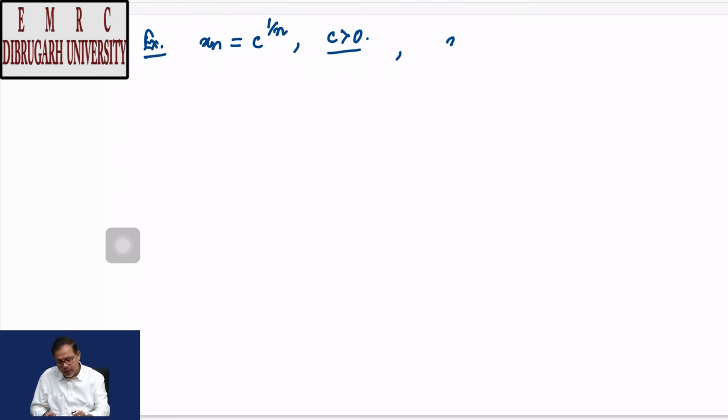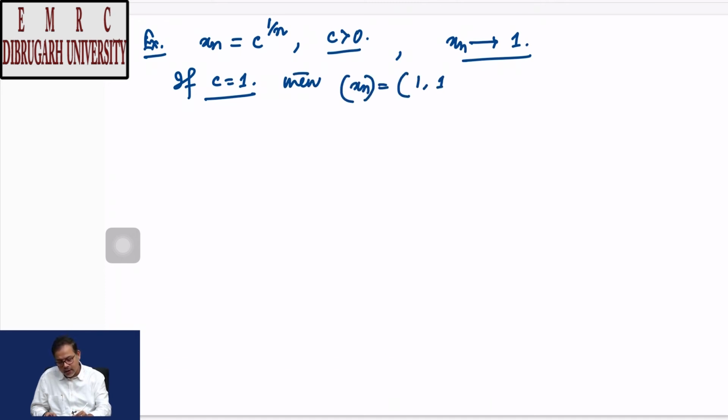We will show that xn converges to 1. This is what we want to show. Now, if c is equal to 1, then xn would be a constant sequence of 1s, and definitely xn converges to 1.